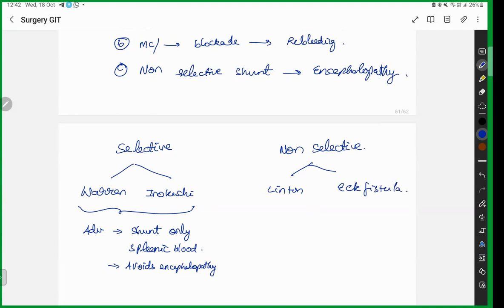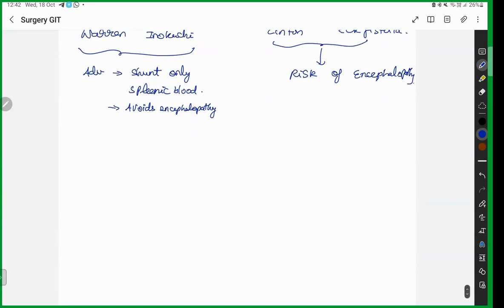So these are going to have a risk of encephalopathy. More common risk of encephalopathy is going to be present in your non-selective shunts.